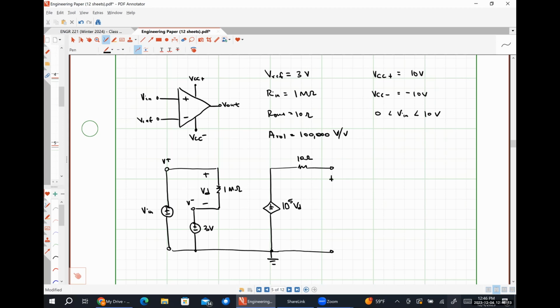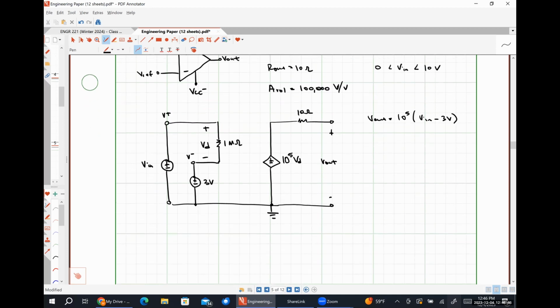And then my output voltage is measured across the output terminal and ground, like so. So mathematically speaking, our output voltage, Vout, is going to be 10^5 times (Vin minus 3 volts), because Vin minus 3 volts is my differential voltage for this particular circuit.